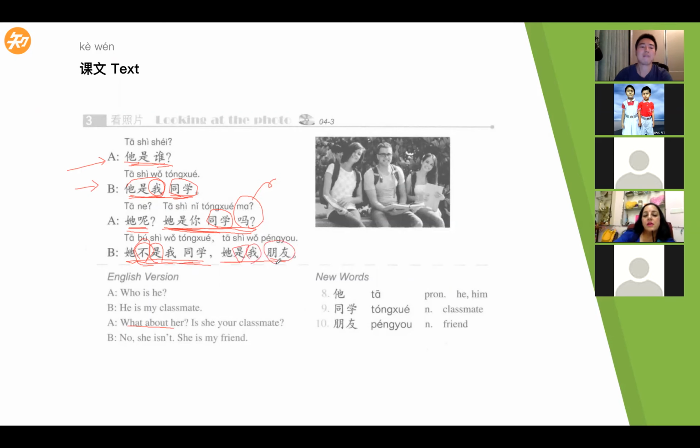So you find that there are many things missing. How come? Why are there many things missing? We're going to explain on Friday. Now the new words: 他 means he or him. 同学 means classmate and 朋友 means friend.